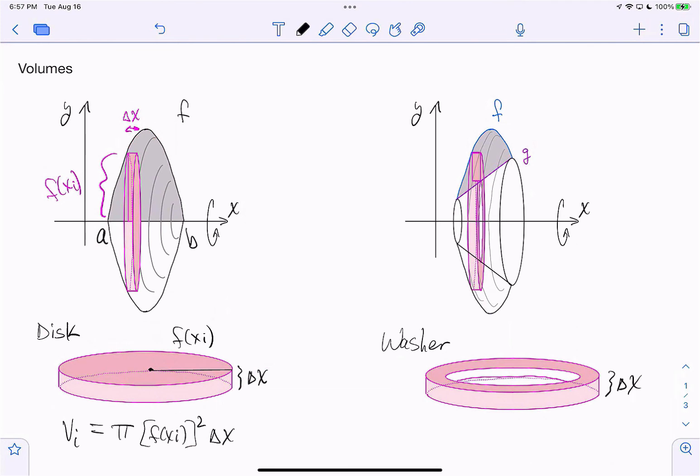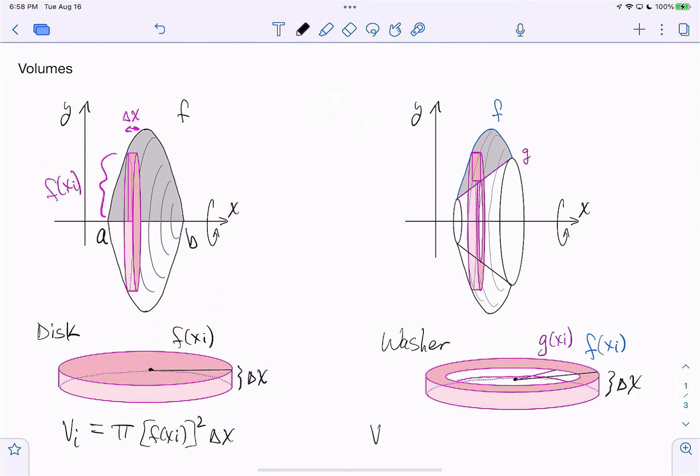But now we have two radii to think about. We have one that goes to the outer edge, and in this case, that's the function value for f, so we'll say f of x sub i. And then we've got another radius that goes to the inner edge, and that's formed by the inner function, or the smaller of the two functions, and so g of x sub i.